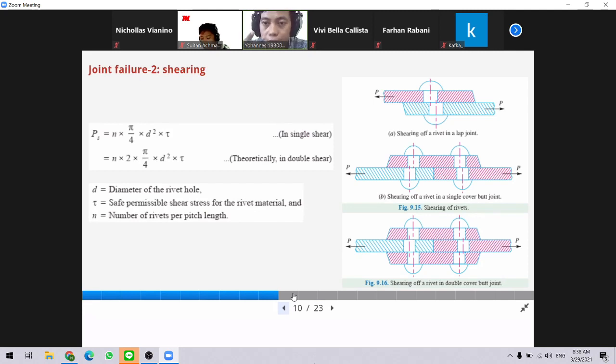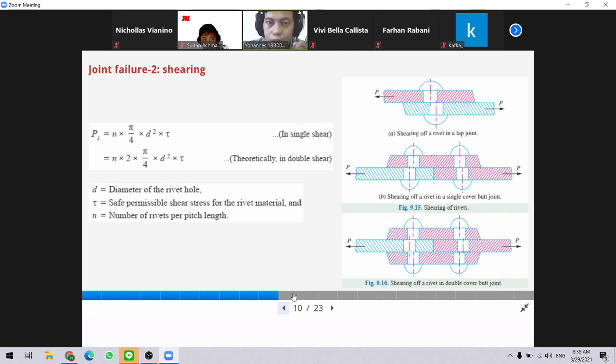But for the second figure, because we use a butt joint with single cover, we need 2 rivets to make this kind of joint. Because we have 2 rivets, we multiply the shearing area by 2.